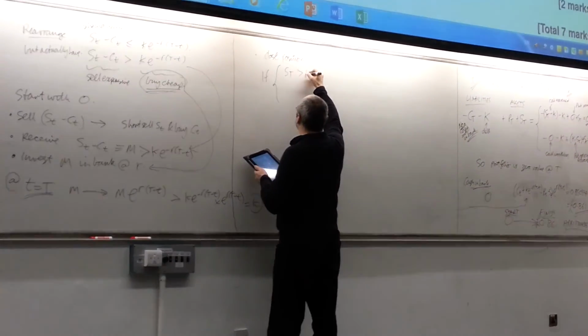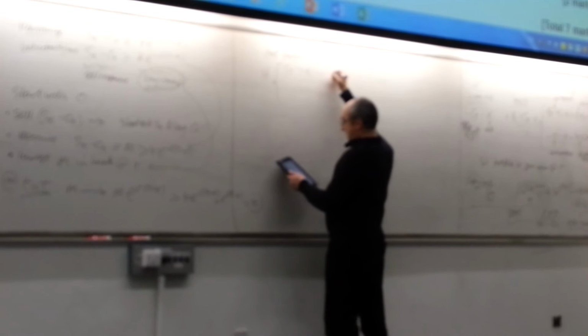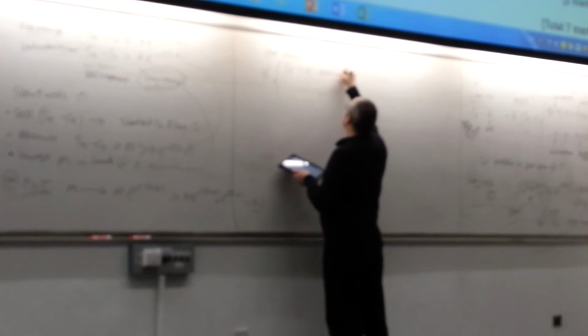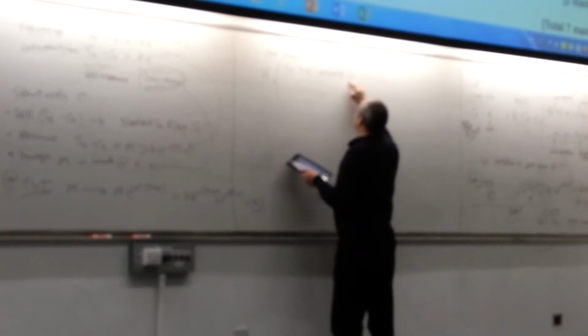So if S_T is greater than K, I'm going to exercise my option C_T and buy one share at K. Because if I exercise my call option, it gives me the right to buy that share at K, and then I can hand the share back.